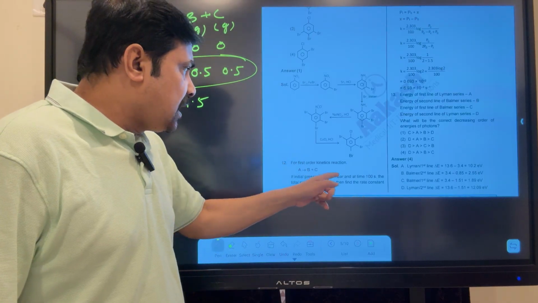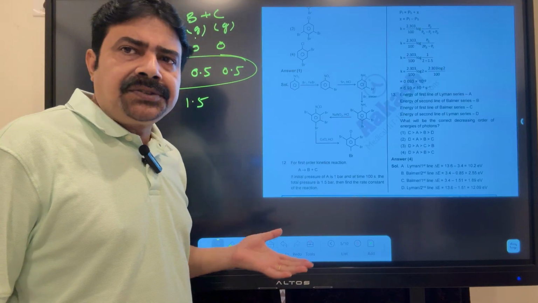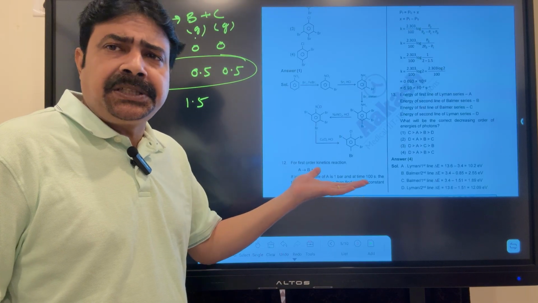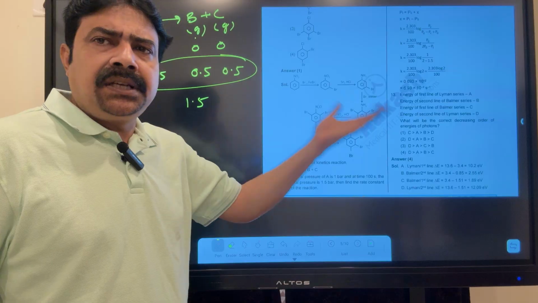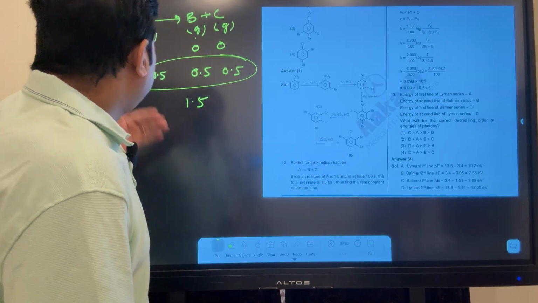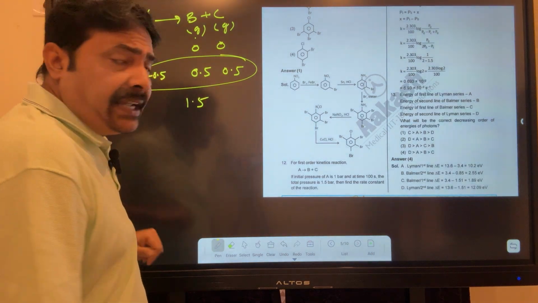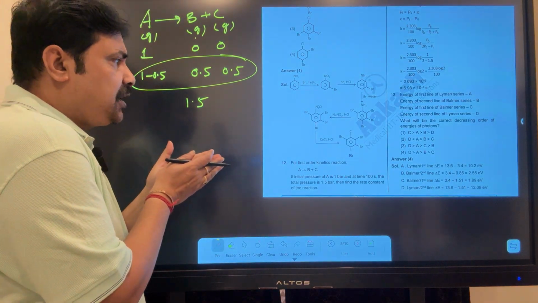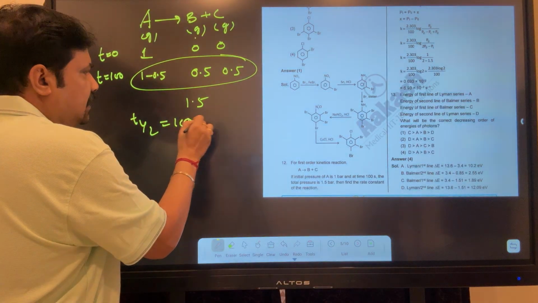This is a first order kinetics, they already told us. You know that in terms of concentration, or in case of a gaseous reaction in terms of pressure, we can consider. In case concentration is given, we can consider concentration. So after 100 seconds, the pressure of the reactant is half. So 100 seconds is your t half, directly I can write.